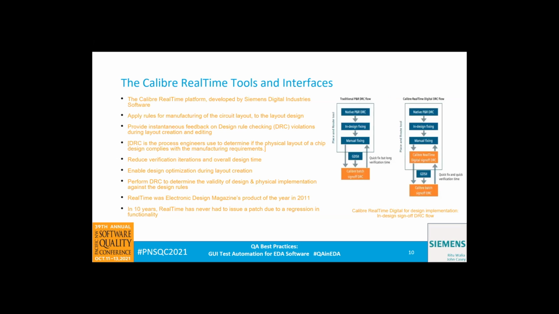So the figure here shows the flow in one of the interfaces, and it saves significant verification time. GUI, a graphical user interface as we know, is one of the major components of the Calibre RealTime's implementation. Hence, my further focus will be on talking about GUI testing.